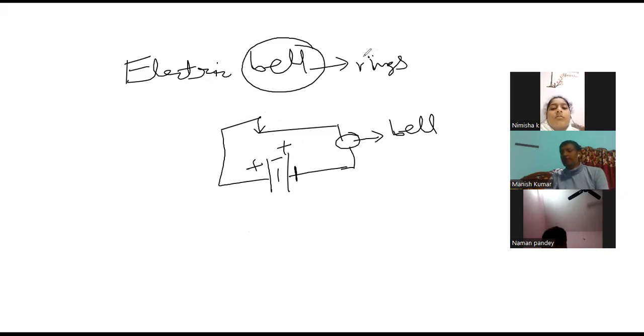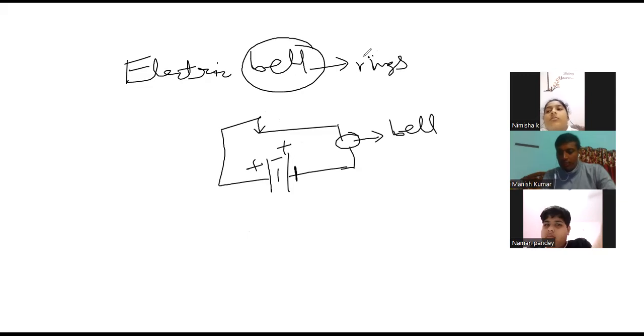Have you seen an electric bell anywhere? Yes, sir. The call bell that we have today was not there in earlier times. The electric bells were used practically. So this also uses the magnetic effect. The magnetic effect of electric current is useful for electric bells also.